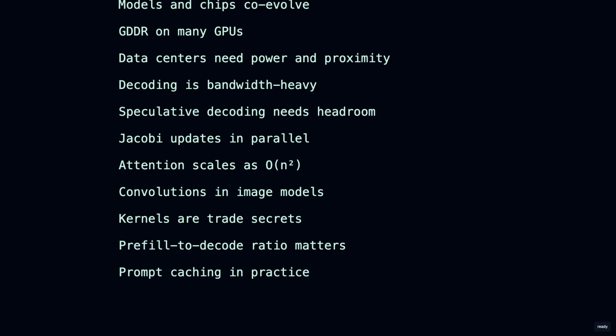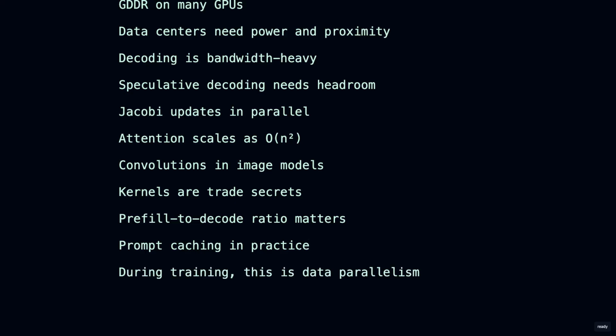That means the service can skip recomputing repeated context and only process what is new. The same basic idea appears in training under a different name, data parallelism. The setting changes, but the goal is still to spread work across multiple workers efficiently.